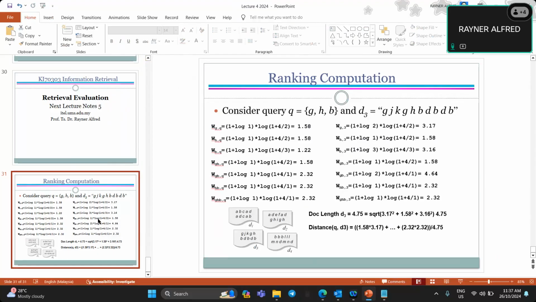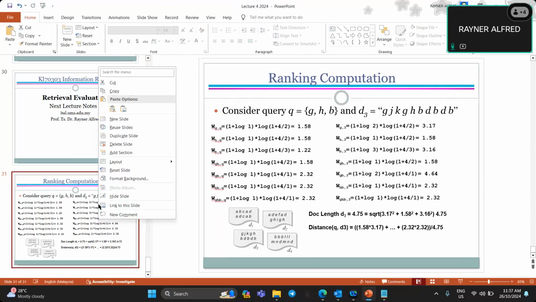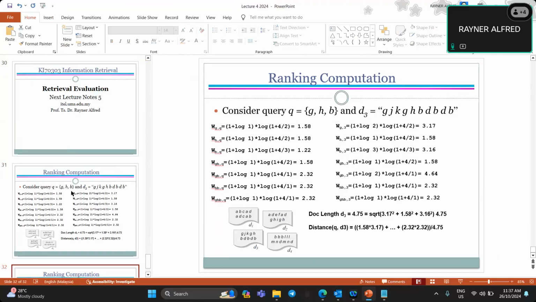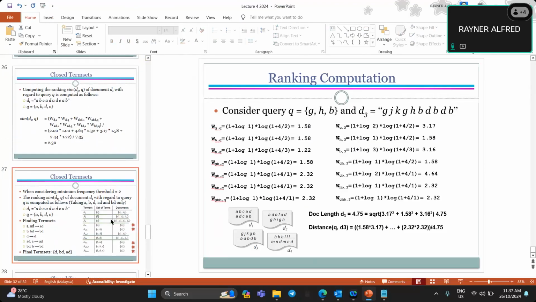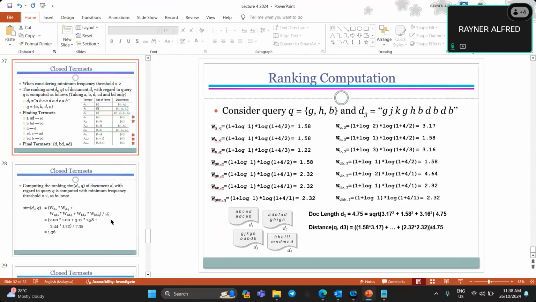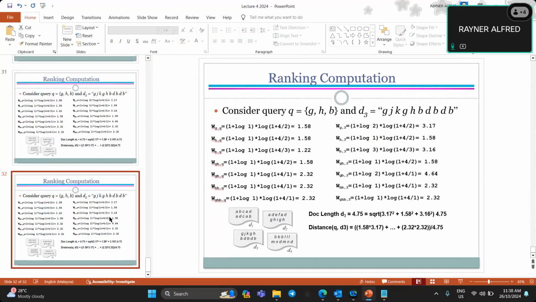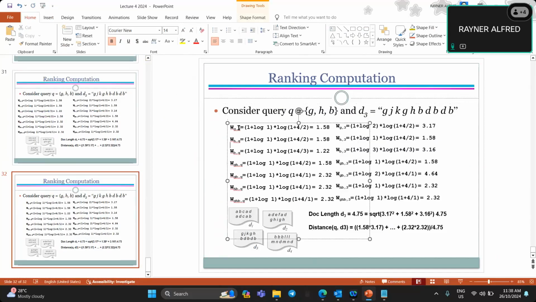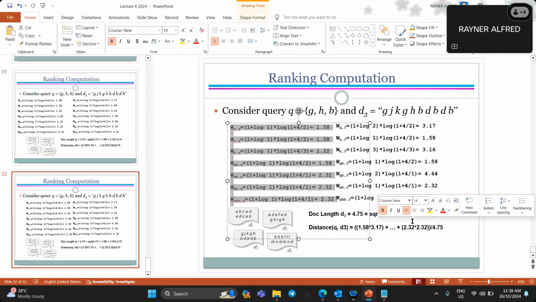Now let's suppose we want to compute only the closed term sets. So we need to build the lattice.